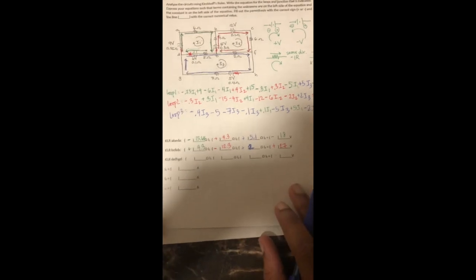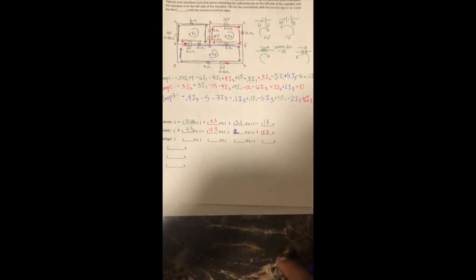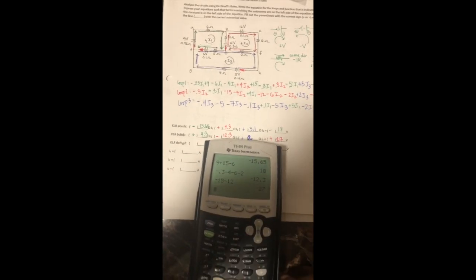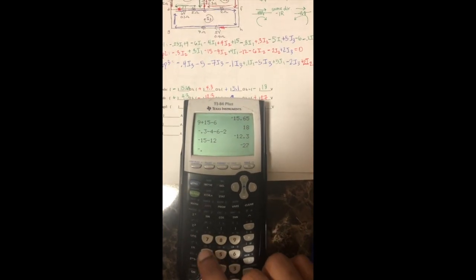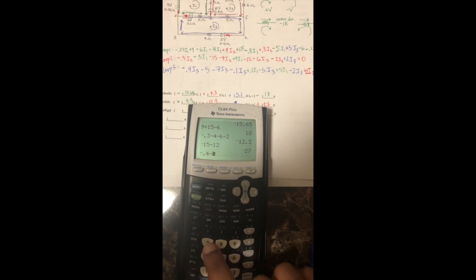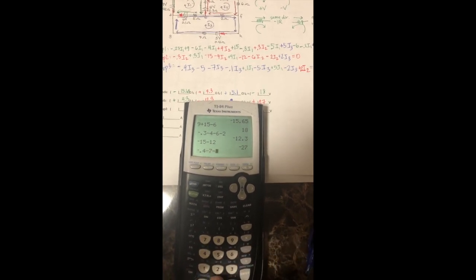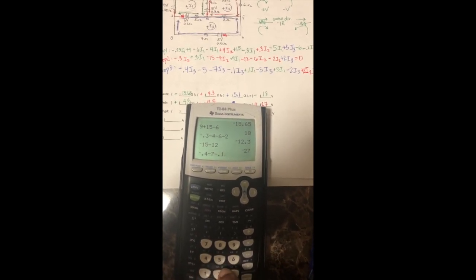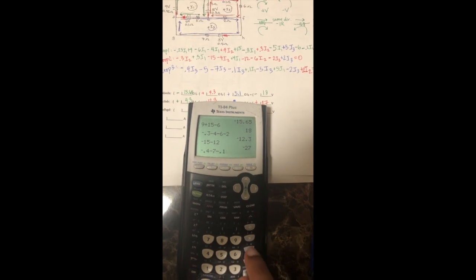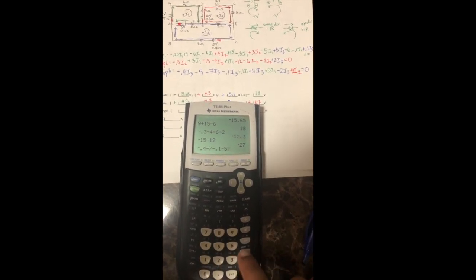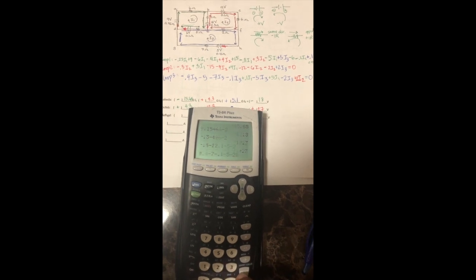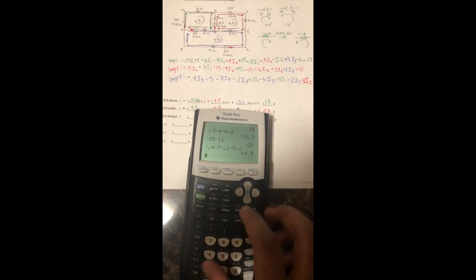So adding all my like terms together, I have negative 0.4 minus 7 minus 0.1 minus 5 minus 2. That gives me negative 14.5.